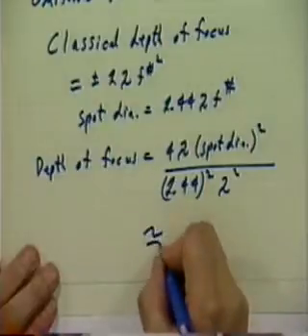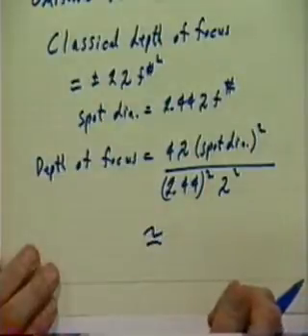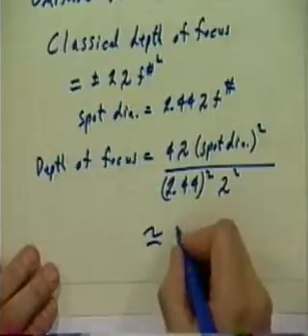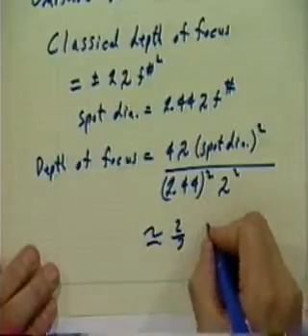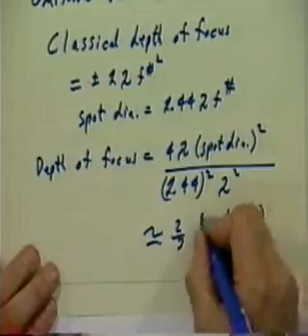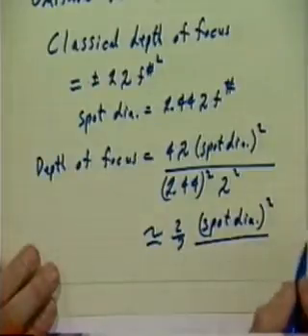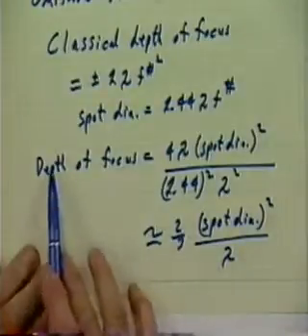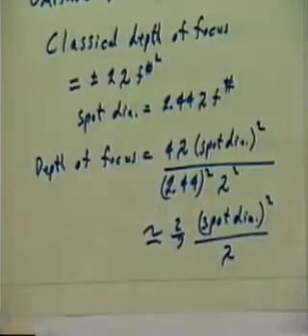I don't have my calculator here, but that will turn out to be something like 2/3 spot diameter, Airy disk diameter squared, divided by the wavelength. So that's the classical depth of focus.